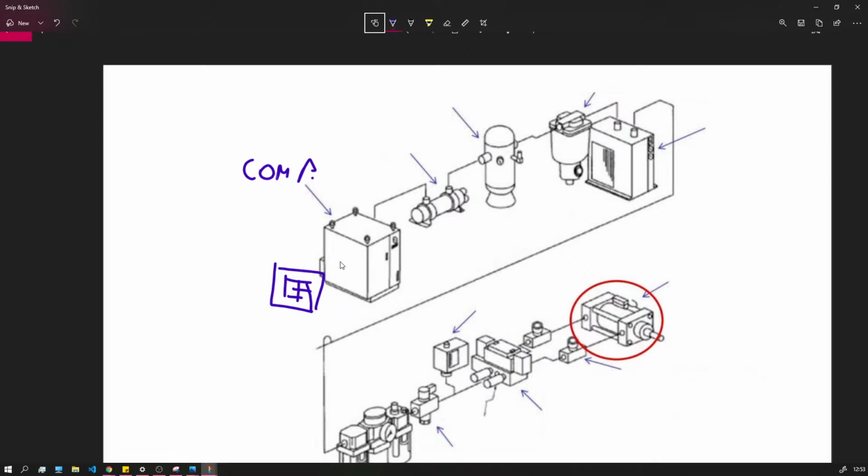What the compressor actually does, the most common compressor, is a piston type compressor. So almost the same setup as in car engines, internal combustion engines.